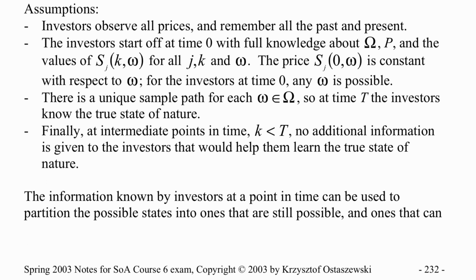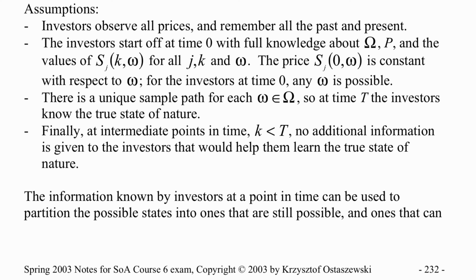So the assumptions are that investors observe all prices and remember all the past and present. The binomial model, you know, of course, from what we talked about before, so we don't even have to discuss it. The binomial model is covered in exam IFM, was covered in exam MFE, and it's covered in Mathematics 383.